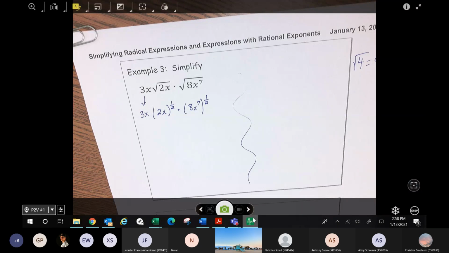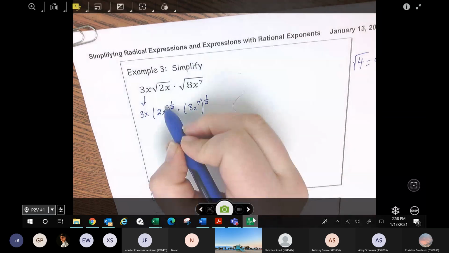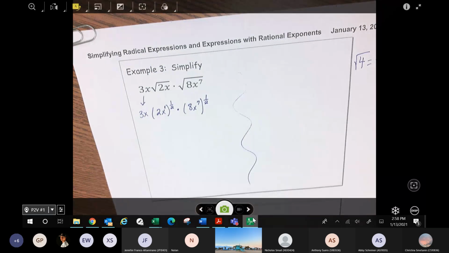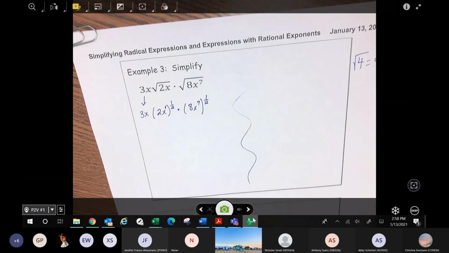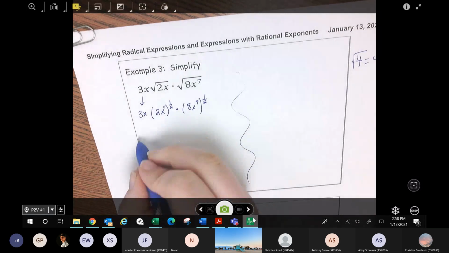All right. Now we have something that we went over at the beginning. We have the same exponents. So when you have the same exponents, you can just do the math here. And remember, this is technically a 1. Right? So we're going to worry about the 3x later.